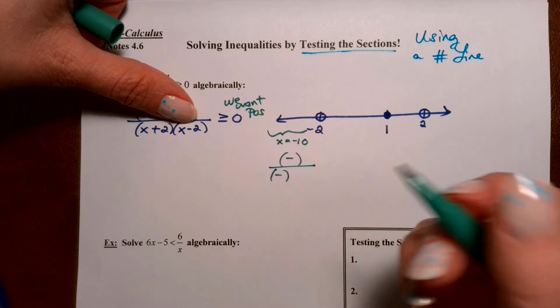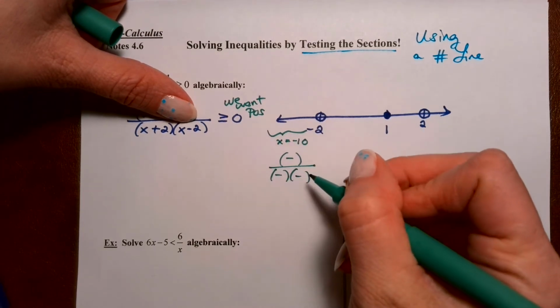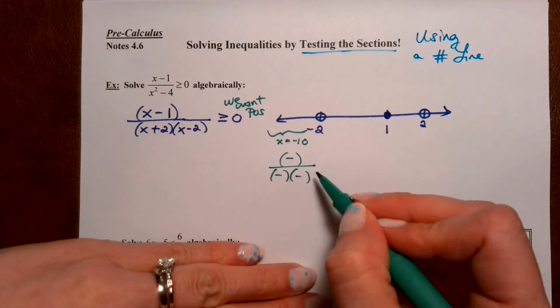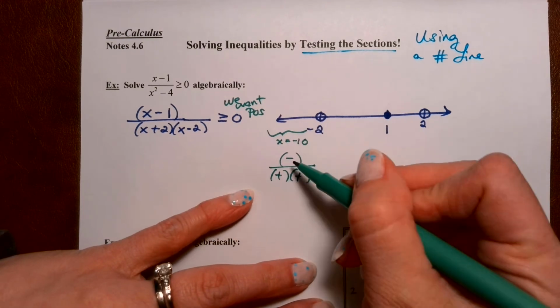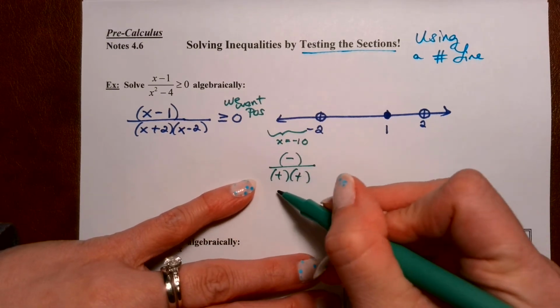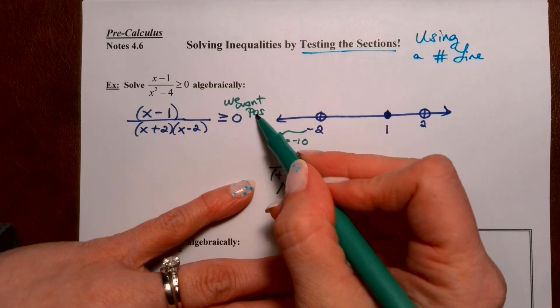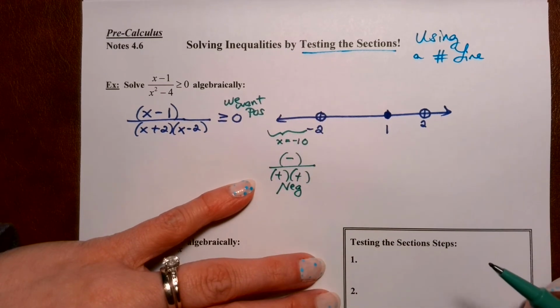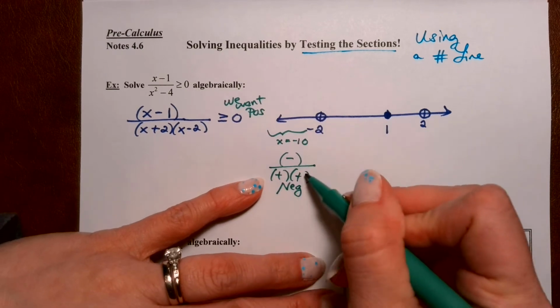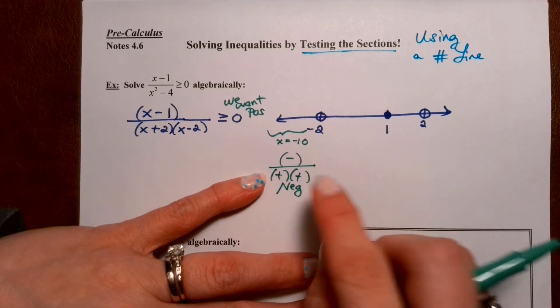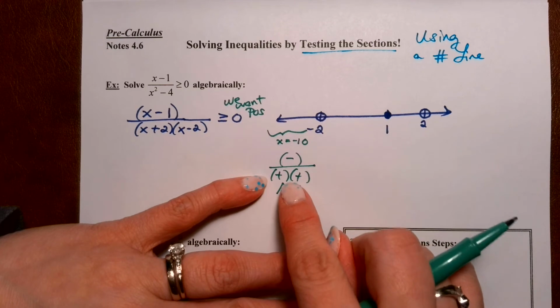Negative 10 minus 2 makes some more negatives. A negative times a negative here is going to make a positive. And then negative divided by positive makes negative. We wanted positive, so this section doesn't work. I need to see your testing. The testing could be something as simple as plus and minus signs, but I need to see it.